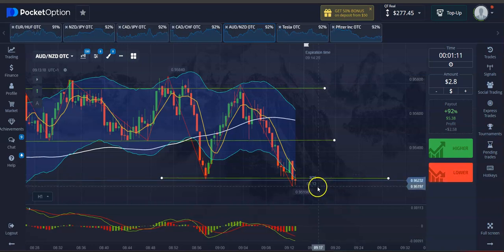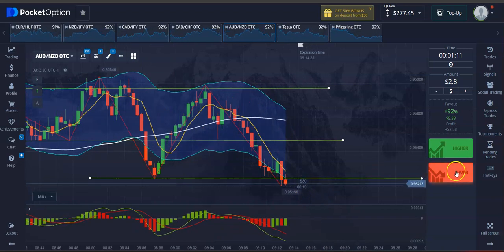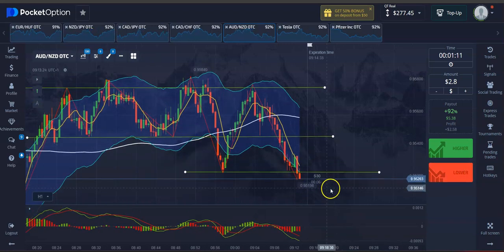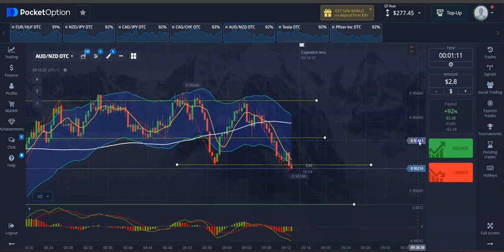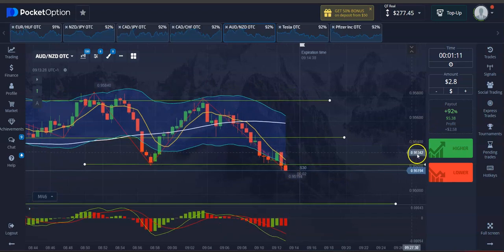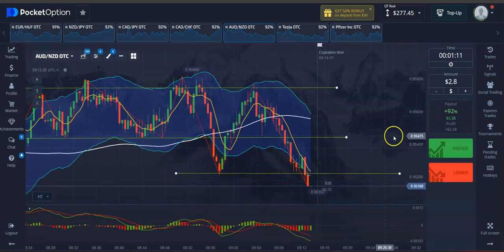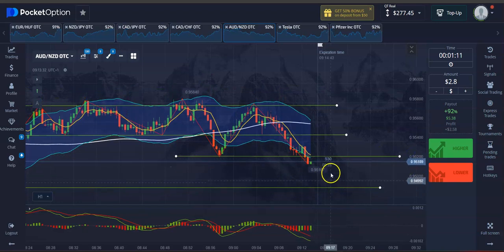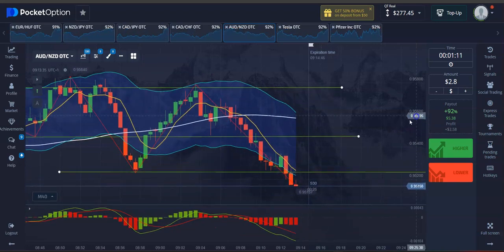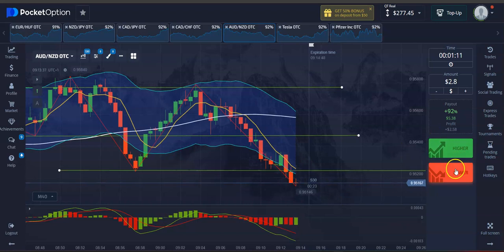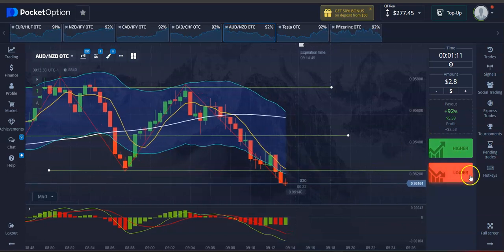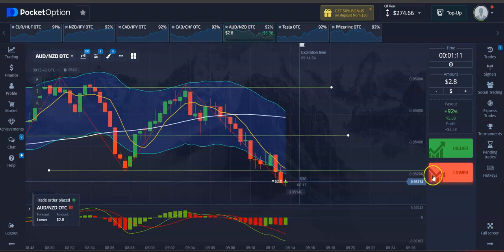So I lean to take a lower entry right here on this trade, betting that the price will go down, most likely meeting this local low. But at the same time, the price is really reacting. So let's see if the price comes up a little bit more so I can place a trade right there.